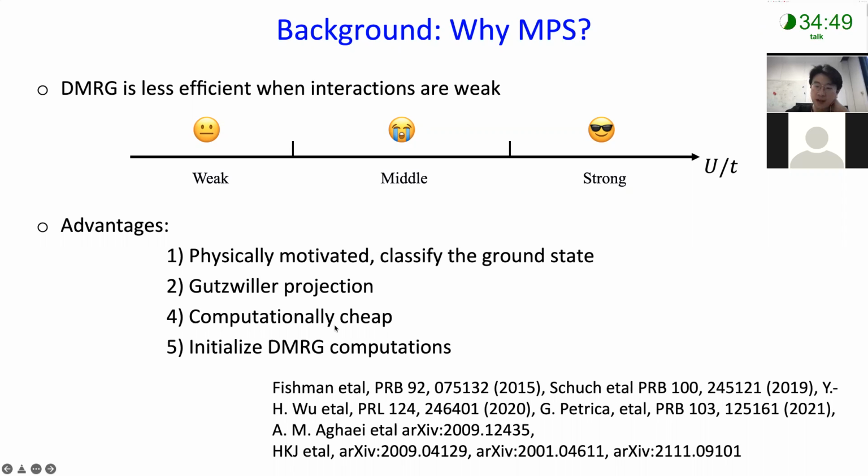And the final point is that this physically motivated wave function can possibly be used to initialize the DMRG computations. For example, in this middle region, DMRG is very bad. So maybe with some physical intuition, we can prepare some initial state to help DMRG in this region.